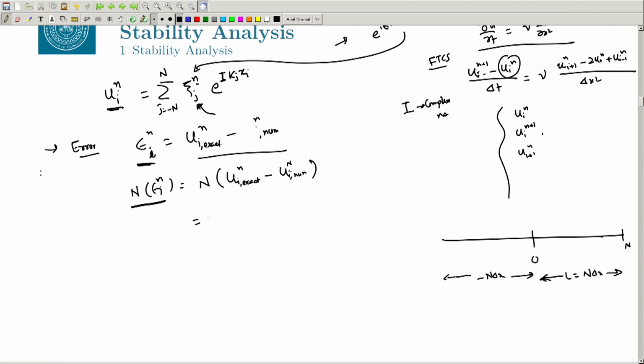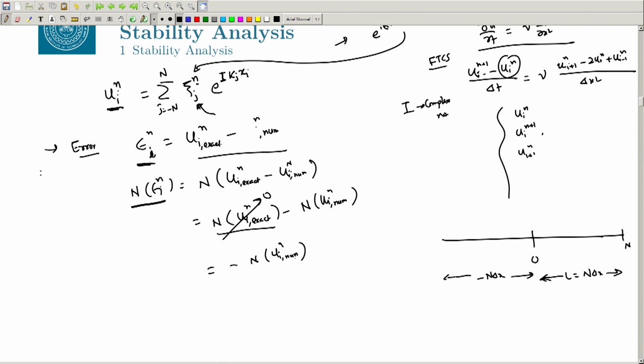Because this is a system of linear equations, N u_i exact at n goes to 0 by definition, since it is the exact solution, and what remains is minus N u_i numerical at n.